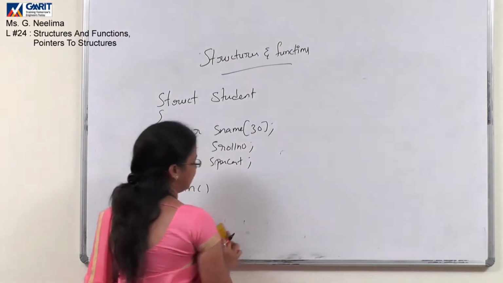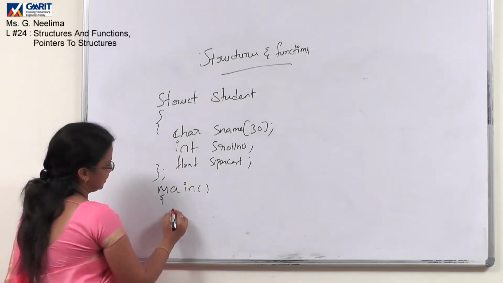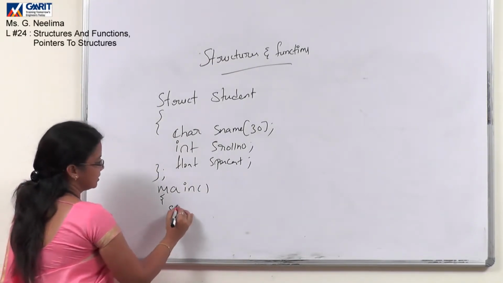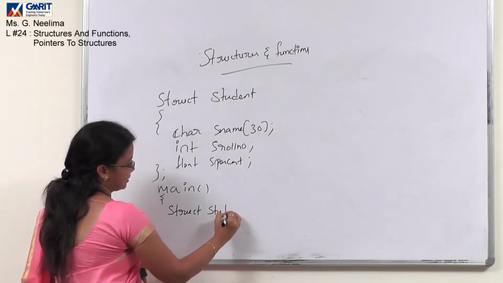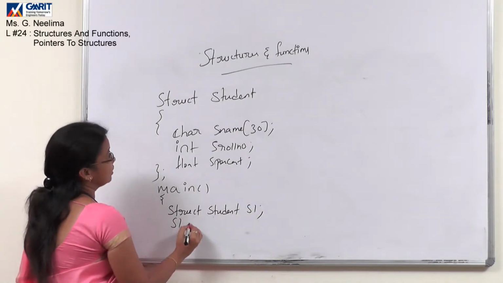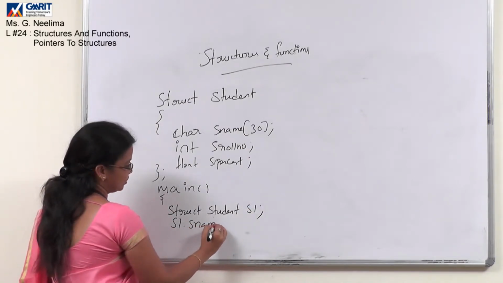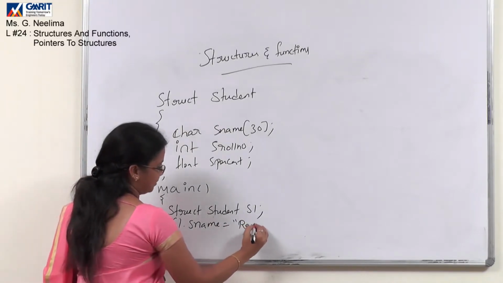This is a structure I have formed, and later on here I am taking different variables. Before that I am creating struct student s1. So s1.s_name equals some name I am taking.